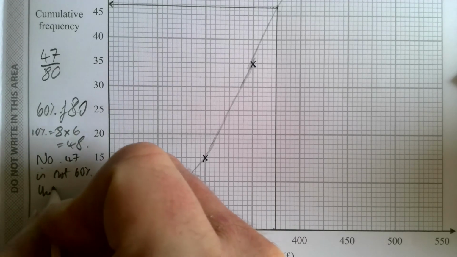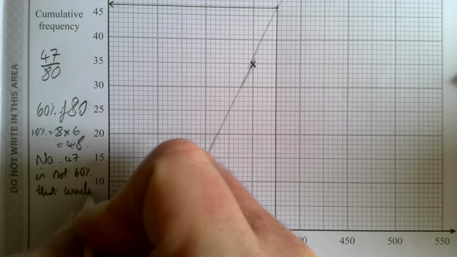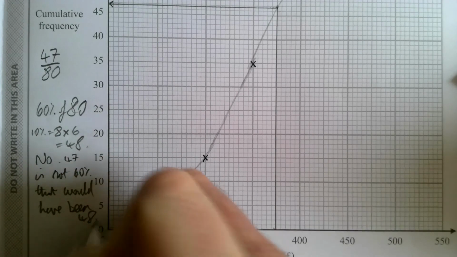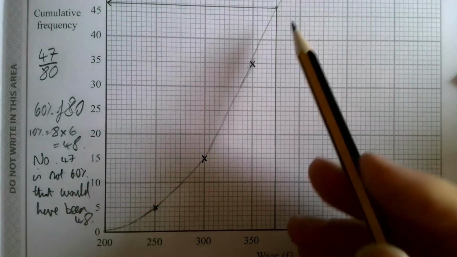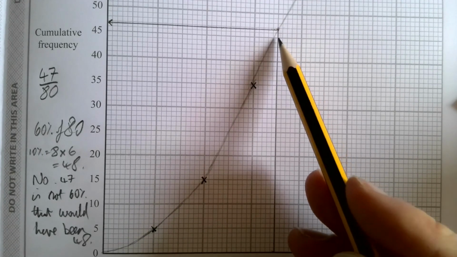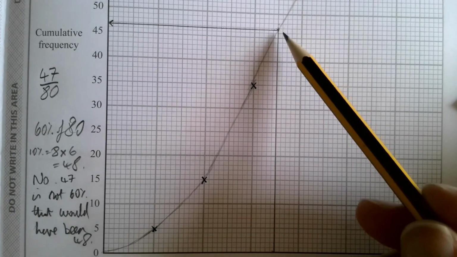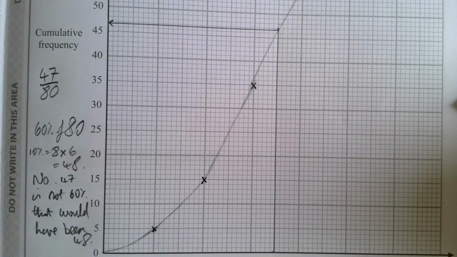That would have been 48. And even though that's very close, if you look at my curve, it's never going to be right up there. Now if your curve happened to come in on exactly 48, then you would say yes, and that's okay. That was within the mark scheme for that to be okay as well. Okay, moving on.